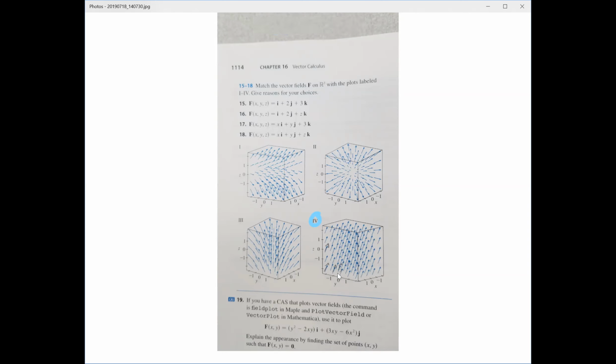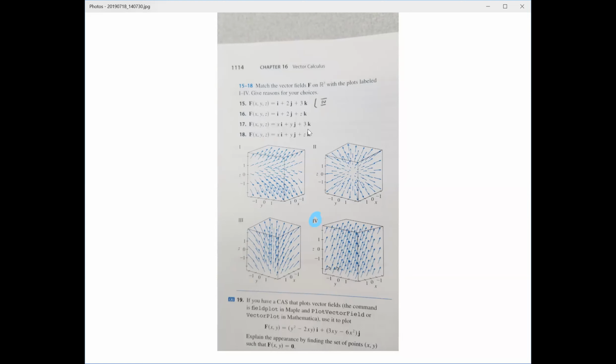If I erase this, you're going this way at a magnitude of 2. And lastly, for the x, you're going in the positive x direction. And that's why 15 should be plot IV.